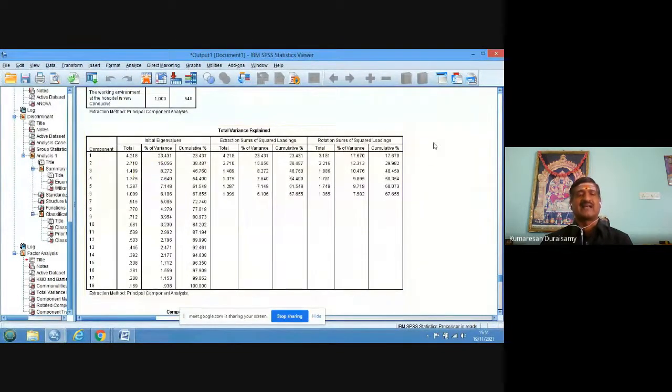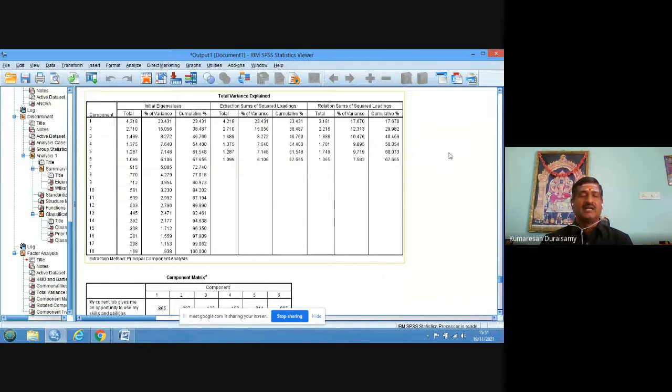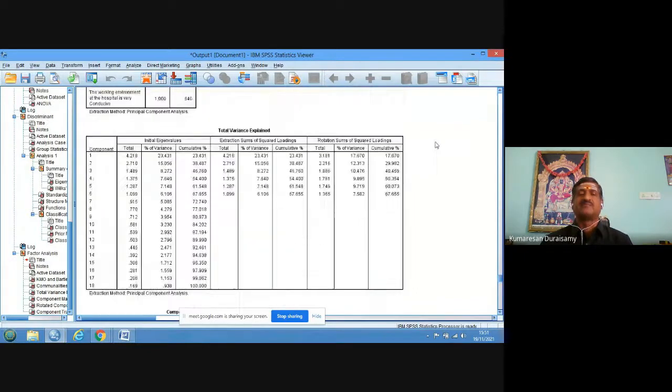Now it is extracted. Then it is rotated using the Varimax rotation method. Look at this. These are the initial eigenvalues. Now extracted sums of squared loadings. Look at the total and percentage of variance explained.